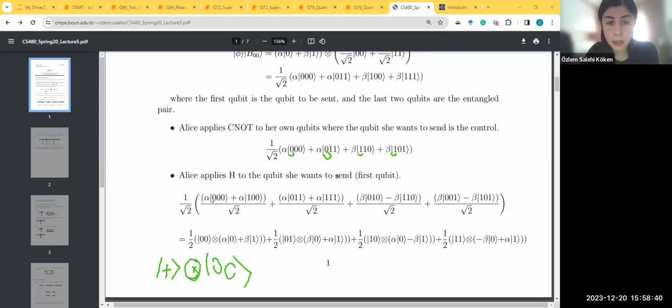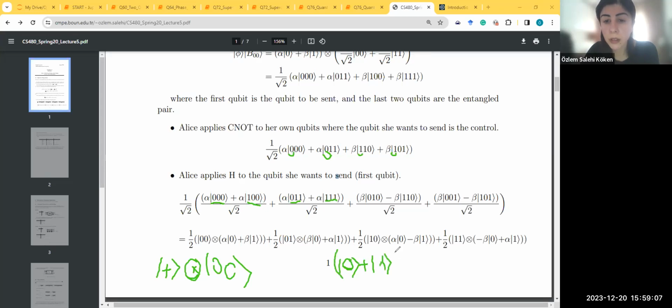So this becomes 0, 0, 0 plus 1, 0, 0. Similarly, this becomes 0, 1, 1 plus 1, 1, 1. Why? Because this is 0 plus 1, the plus state. So it is 0 plus 1.